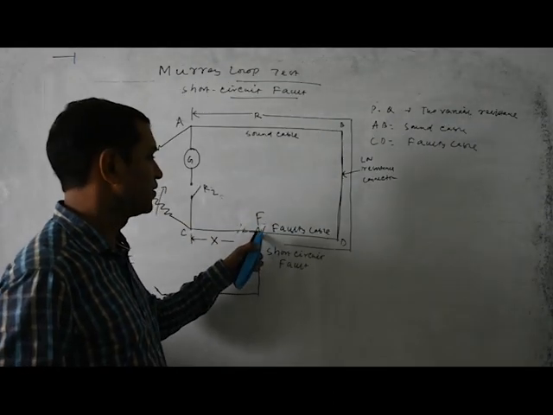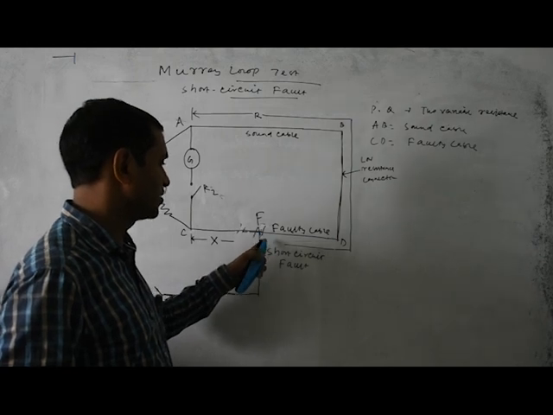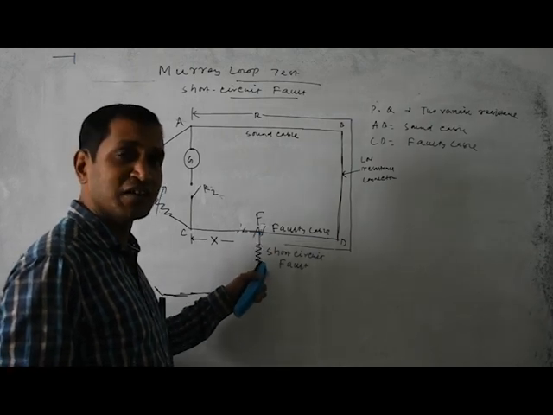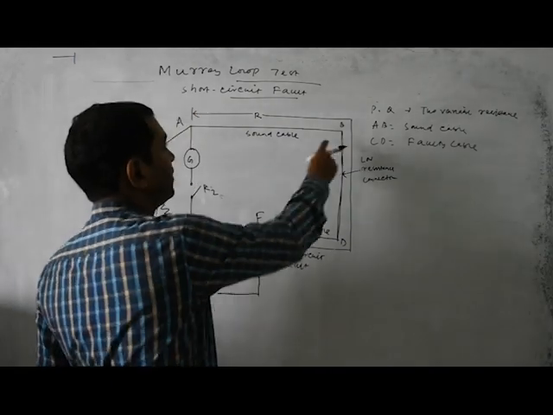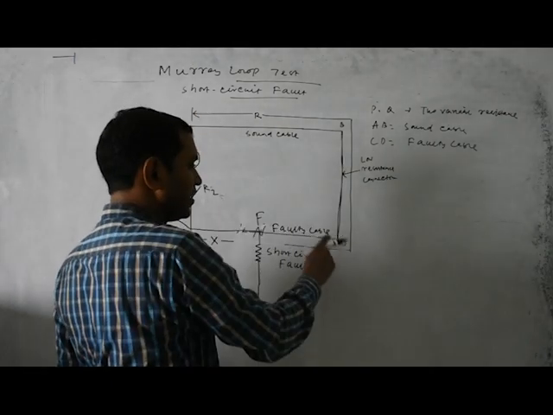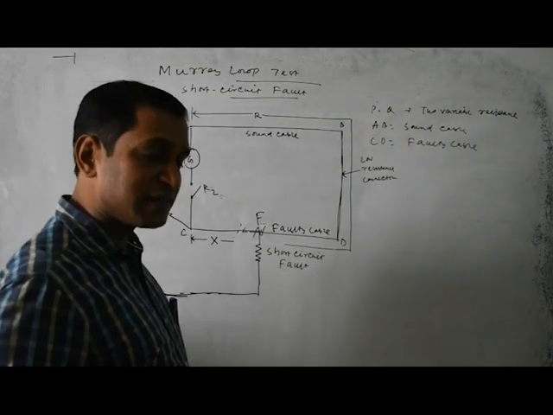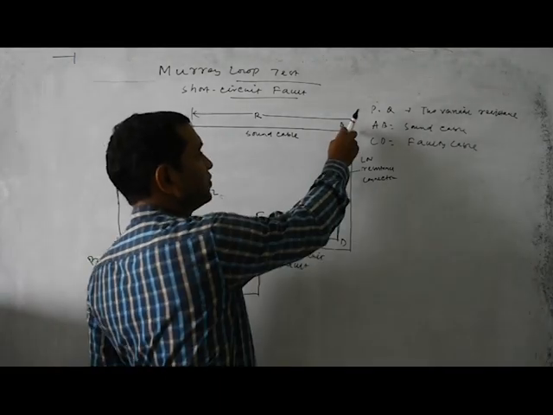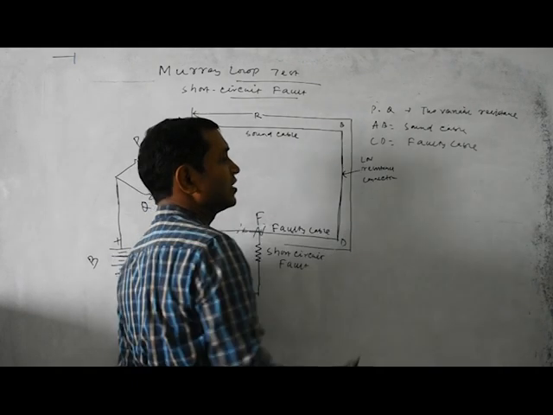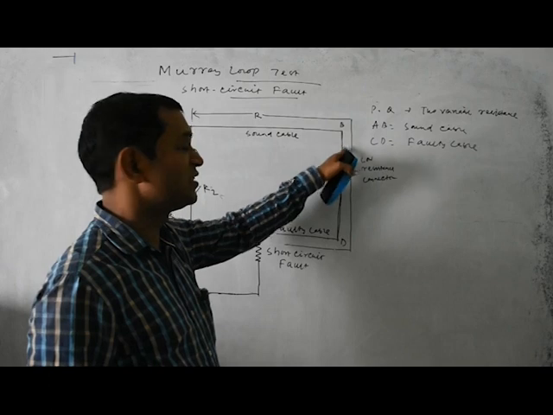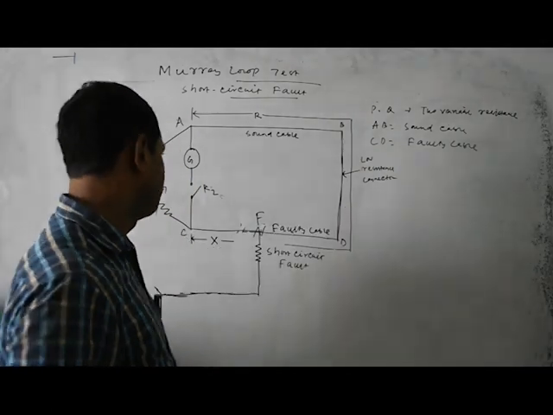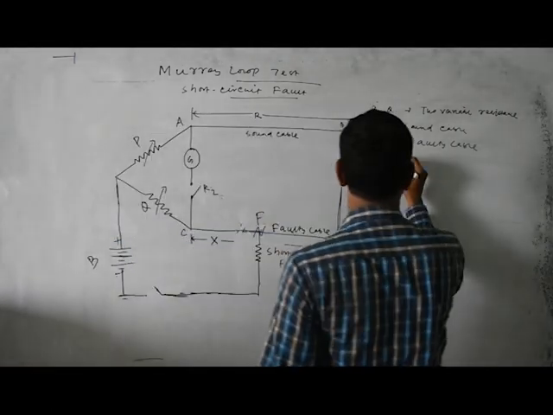F is the location of the fault, where the short circuit occurs in this cable. B is the far end of the sound cable, D is the far end of the faulty cable. B to D is connected by a low resistance link, its resistance is very low, and here G is the galvanometer.